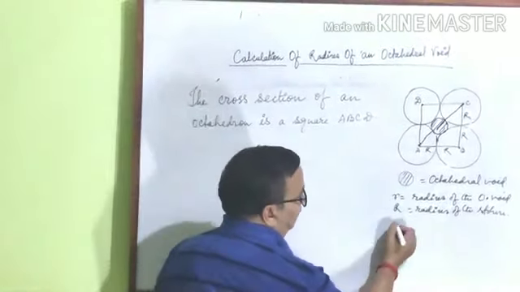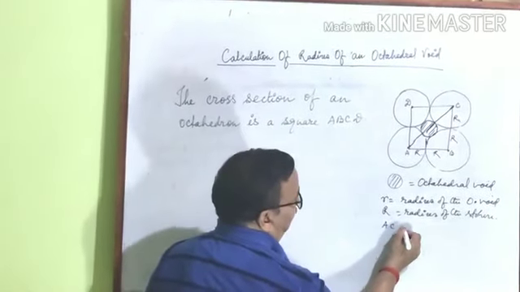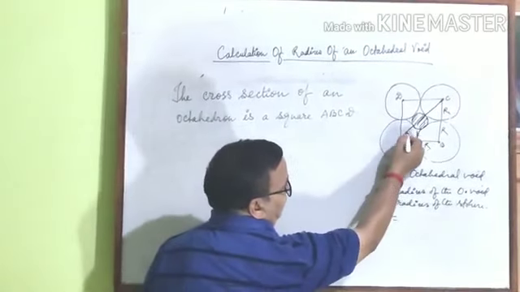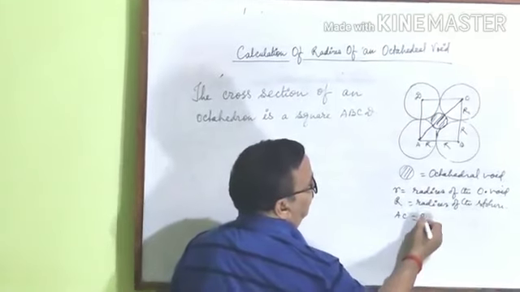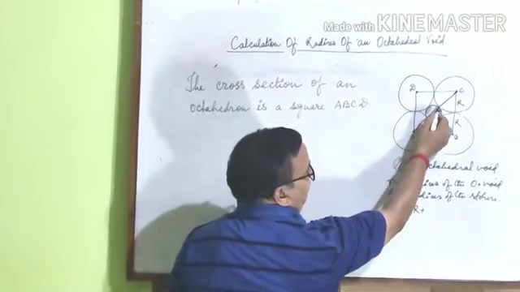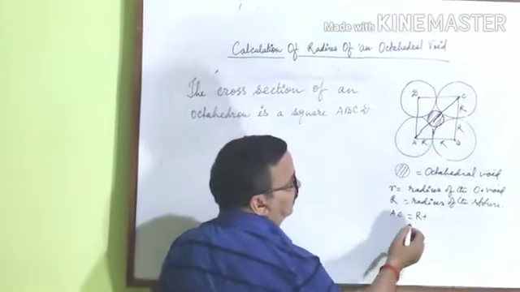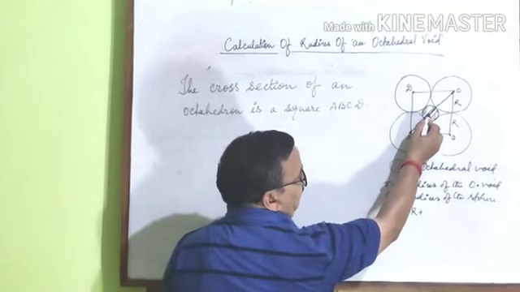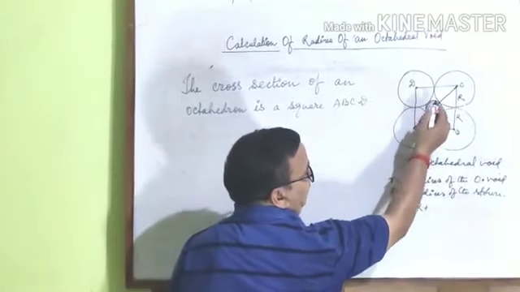So AC will be how much? This is the radius of the sphere R. Here this one is the octahedral void, so its radius is r, and again it is r.